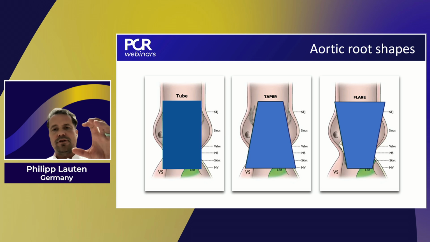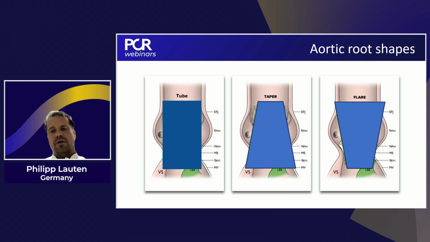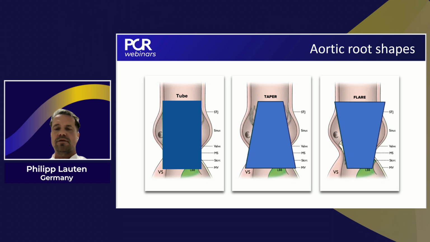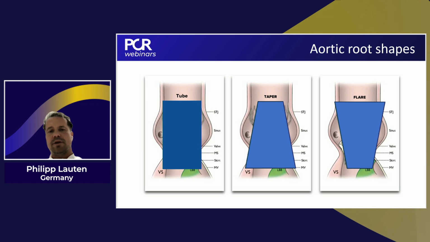So it's important to have a look at the root shapes in the CT screening, even for the impression from the sinus. And if you have a heavy calcification in the LVOT, it is also important to have a look at the root shape, because in my experience, it affects how deep or how high you implant the valve, even to reach a perfect result regarding paravalvular leakage.